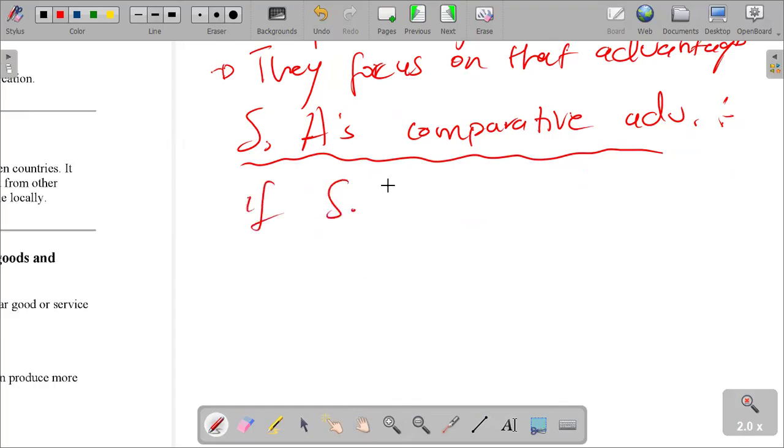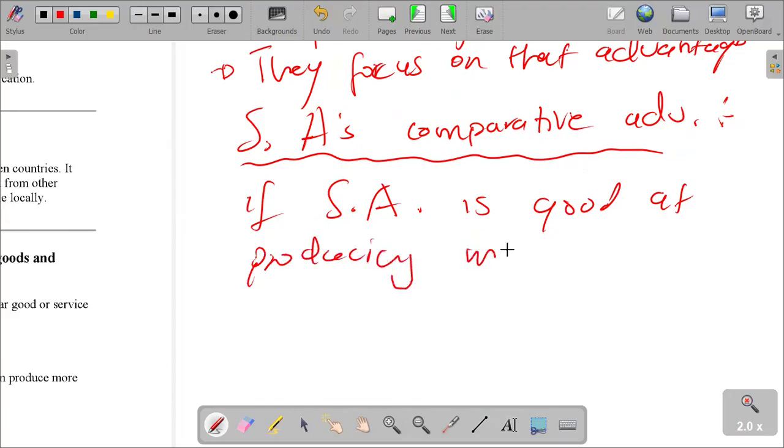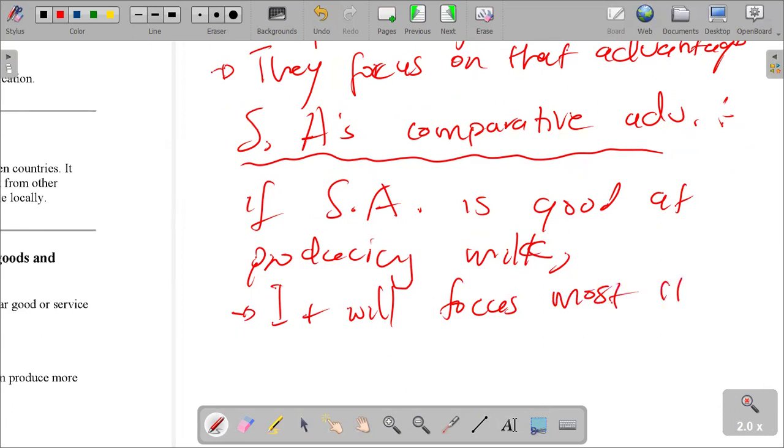If SA is good at producing milk, it will focus most of its resources on it.